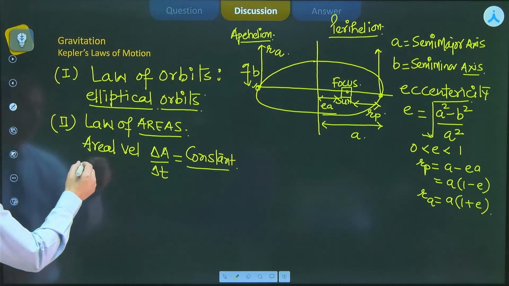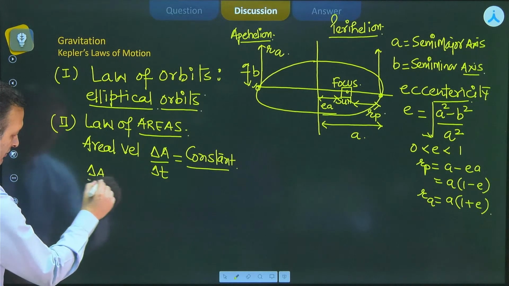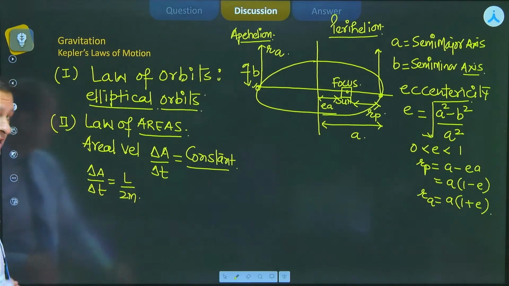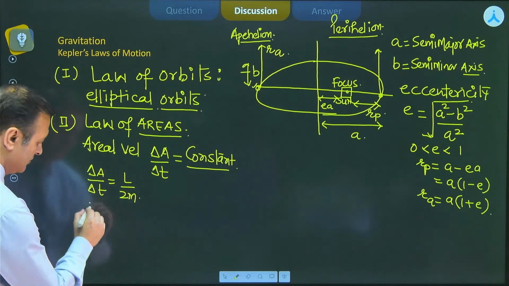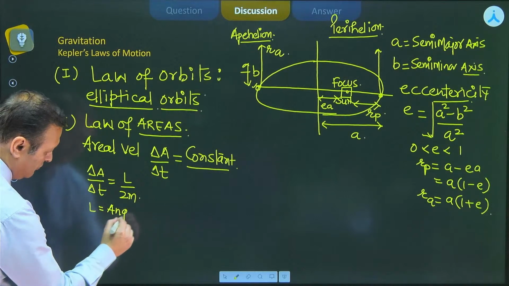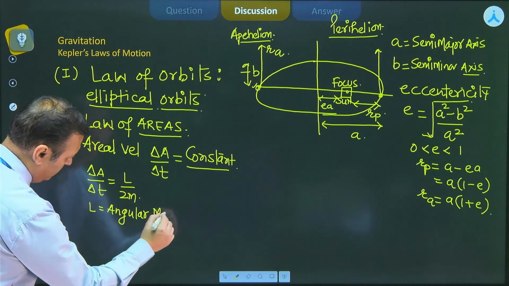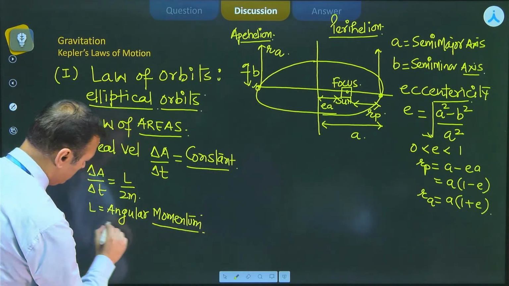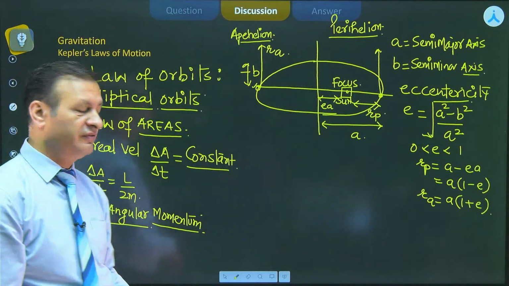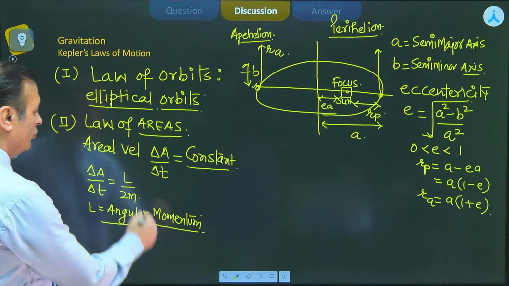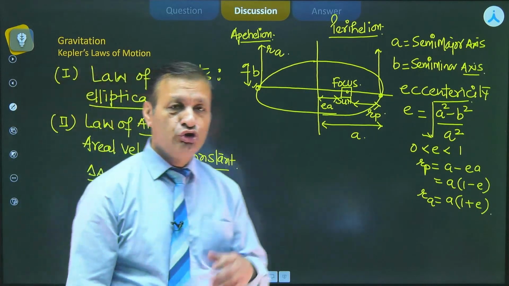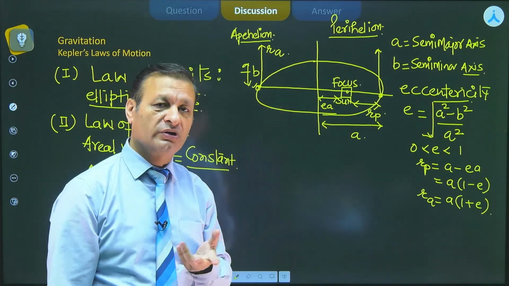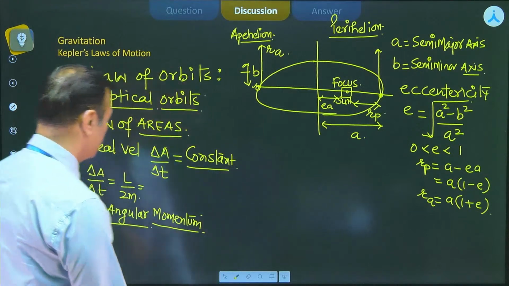If you get into the details, this areal velocity is L by 2m, where L is angular momentum. We know that because there is no torque acting on this system, angular momentum remains constant.